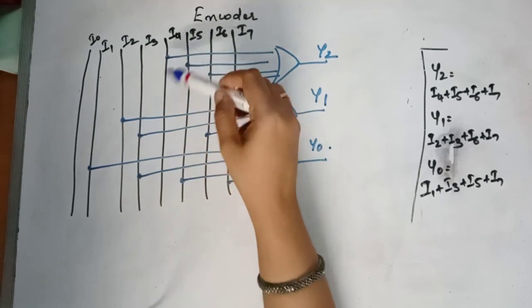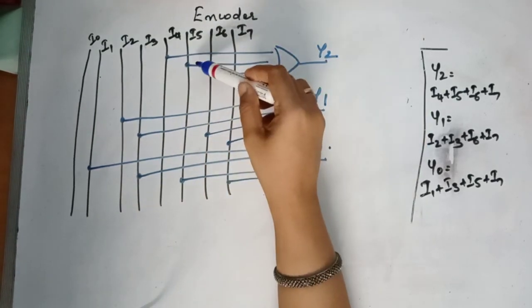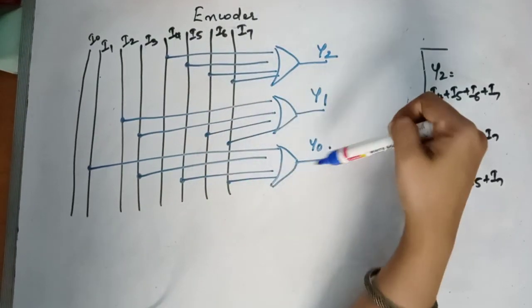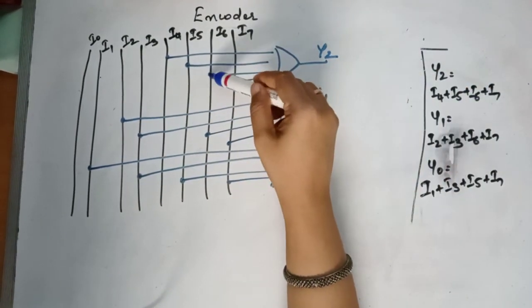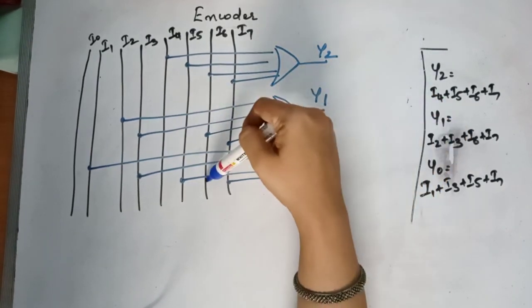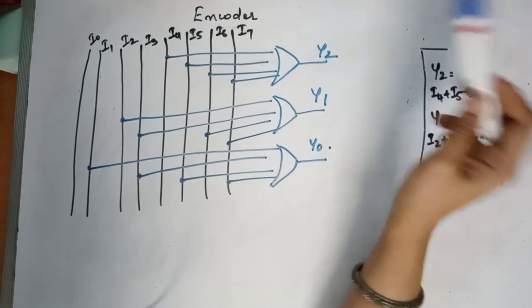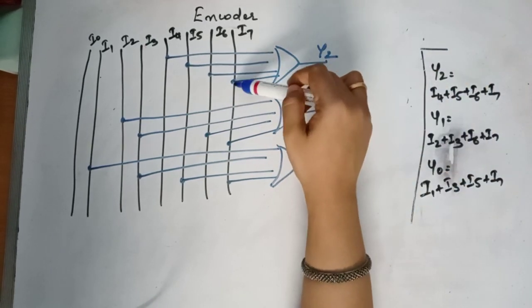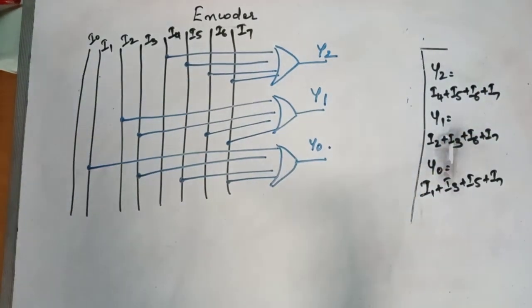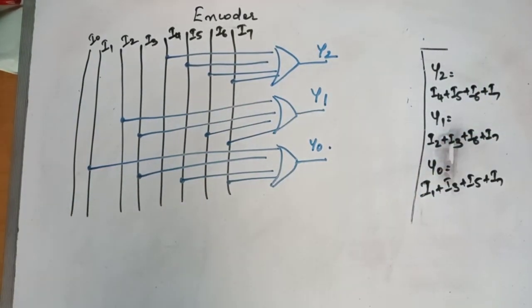I4 is 1 means only Y2 will be 1. I5 is 1, Y2 and Y0 will be 1. I6, Y2, Y1 will be 1, Y0 will be 0. I7, all the 3 will be 1. So that is an encoder circuit.